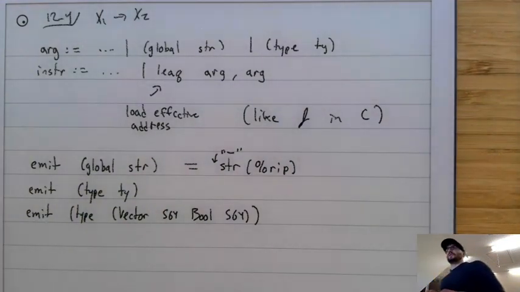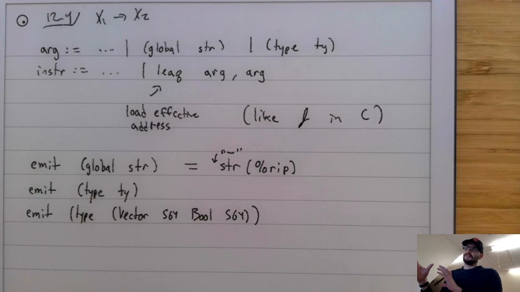Essentially, we need to make it so that our emitter of assembly code produces our program in one place, and in another place it produces data. And when I say data, I mean concrete, actual numbers.